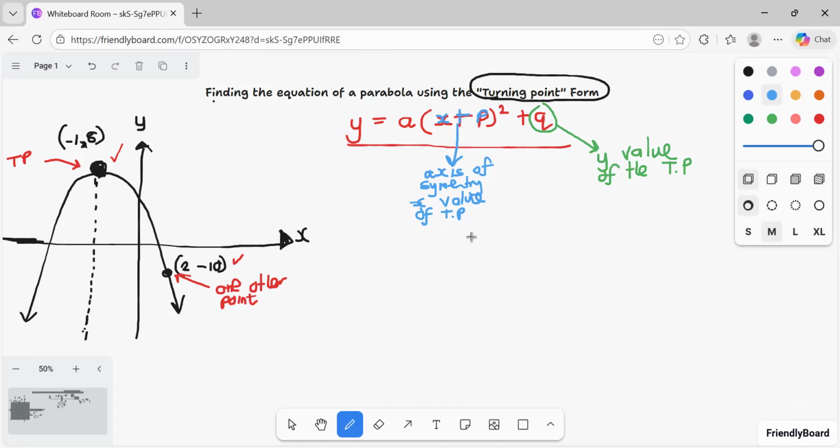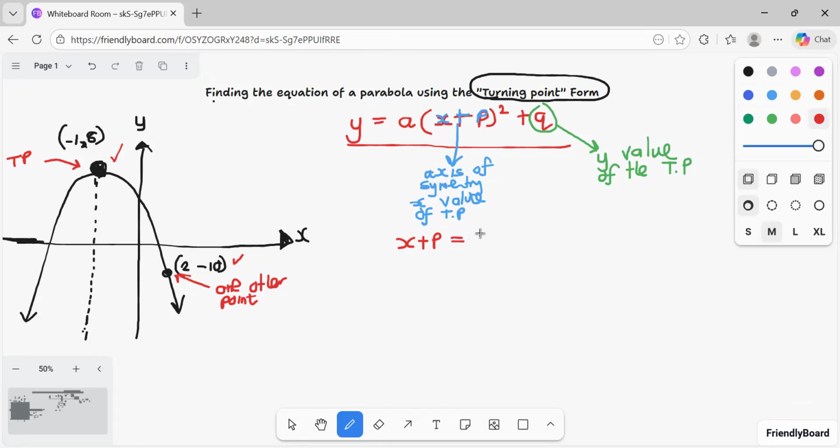All right, so now let's get into the business of the day, which is to find the equation of this parabola. First things first, I'm going to find the axis of symmetry. Remember what I said, the axis of symmetry is given by x plus p, let me just say is equal to 0.